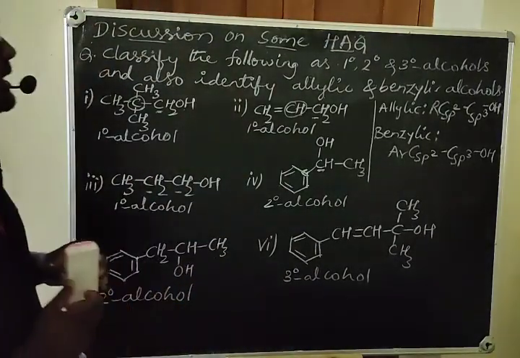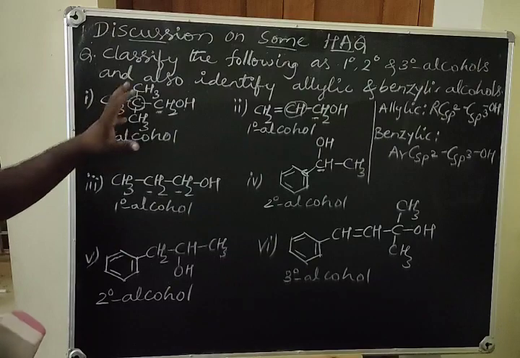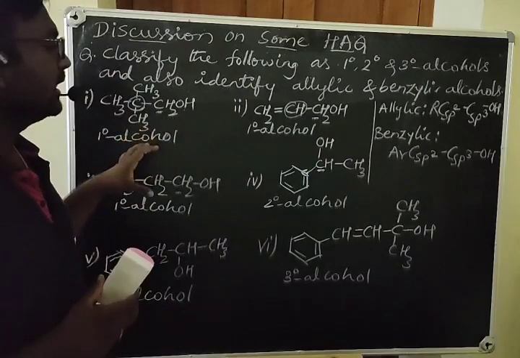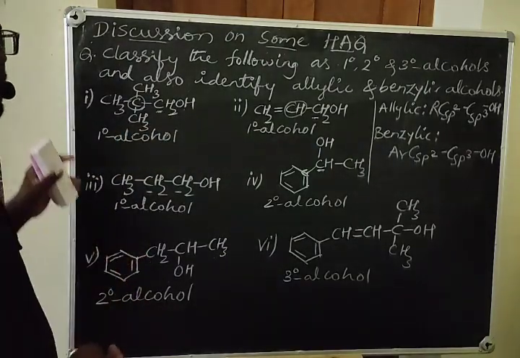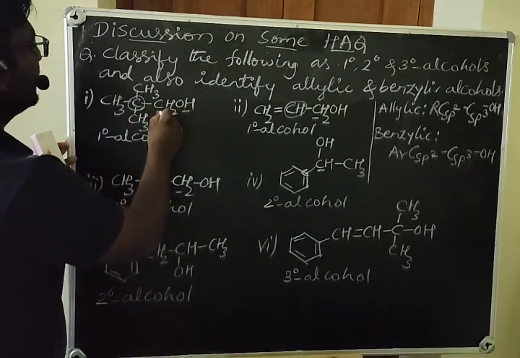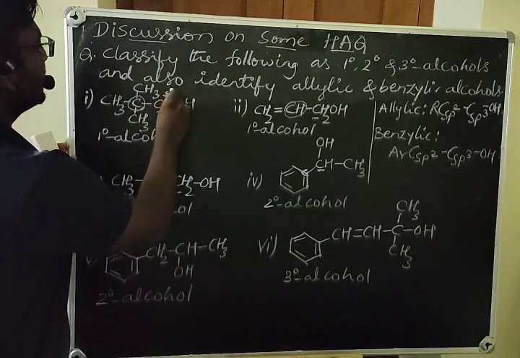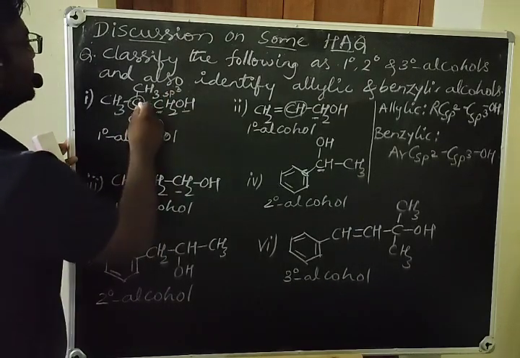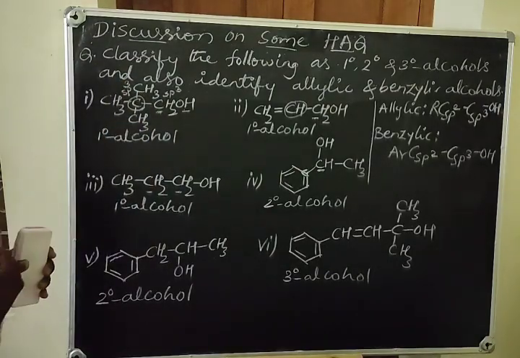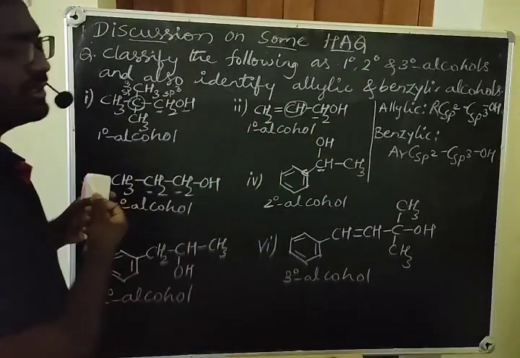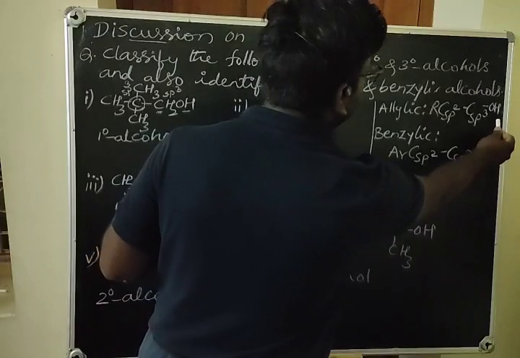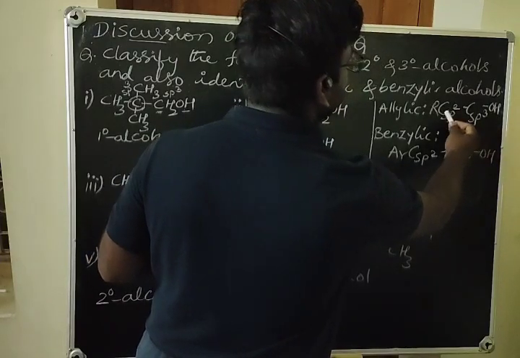With this discussion, let us find the allylic and benzylic alcohols in the given list of compounds. Come to this. This is the OH containing carbon, and it has sp3 hybridization. This carbon is also sp3. Now it is not matching that sequence, in which OH is present on an sp3 carbon next to an sp2 carbon.